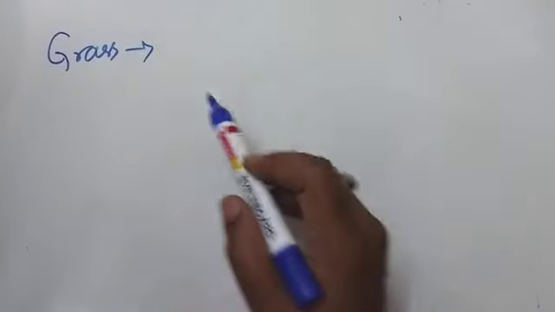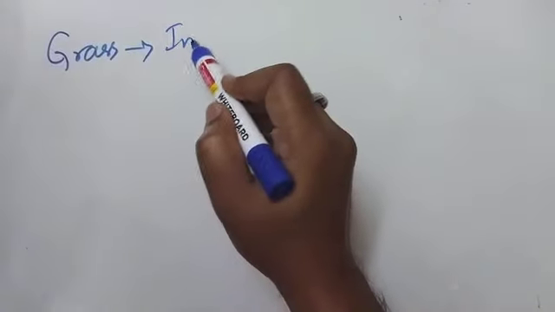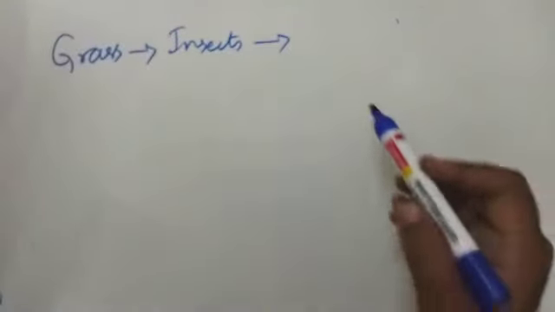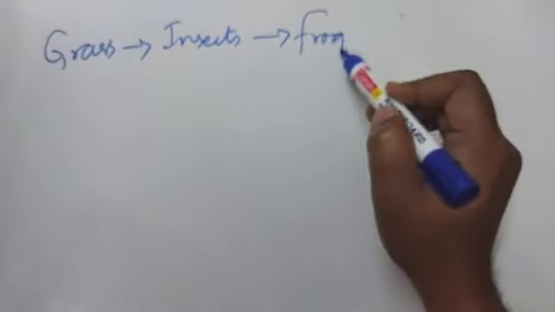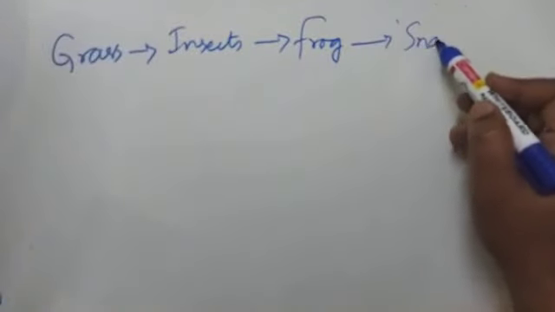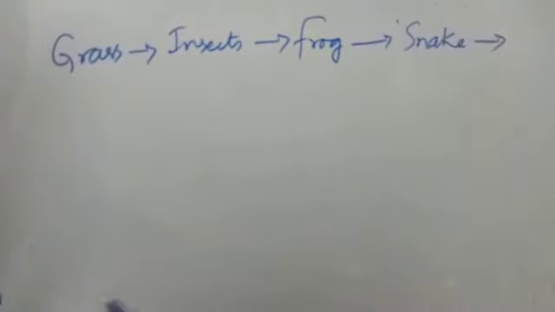Like, grass is being eaten by insects, insects are being eaten by frogs, frogs are being eaten by snakes, and snakes are being eaten by eagles.